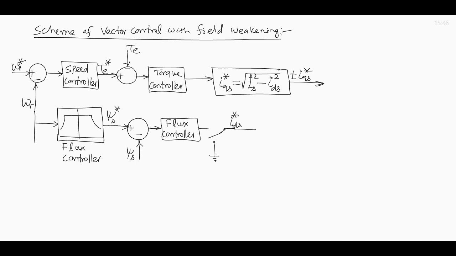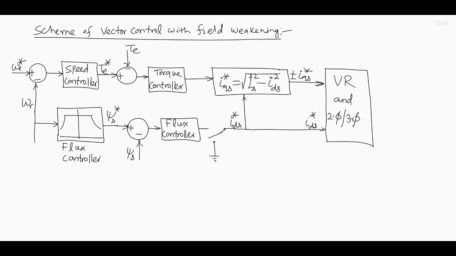So, IDS star is generated by the flux controller for field weakening operation, and for constant torque operation below the base speed, IDS star is set as 0, and this IDS star also goes to determine the IQS star by passing through this block, and both IDS star and IQS star are fed to the vector rotator block and 2-phase to 3-phase conversion.